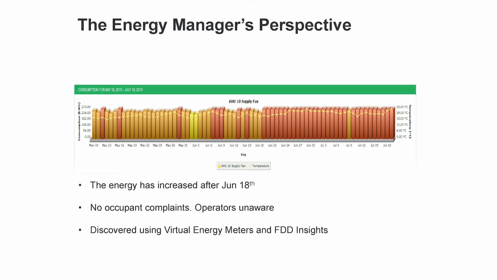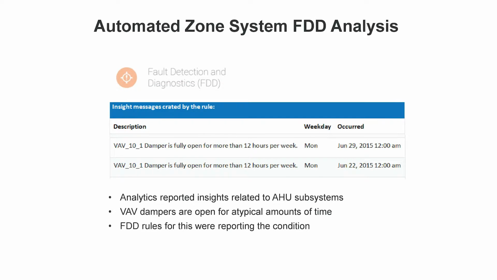And another example, there's no occupant complaints. The operators were unaware of any problem that was taking place. But there were a couple of rules that triggered in this system, actually downstream at the VAV level, that the VAV dampers were open more than they really should be, per the design spec.